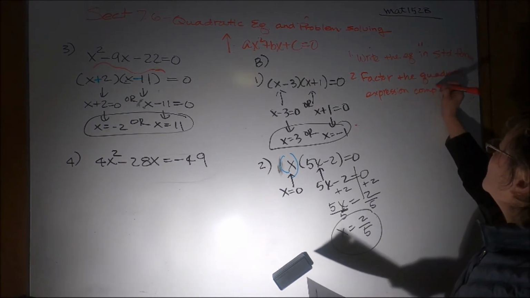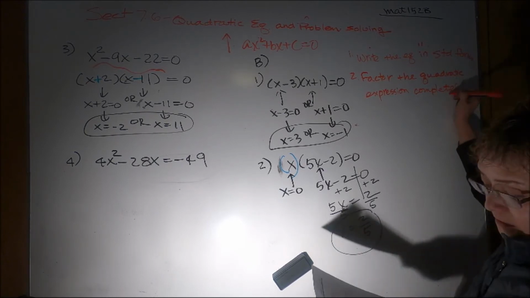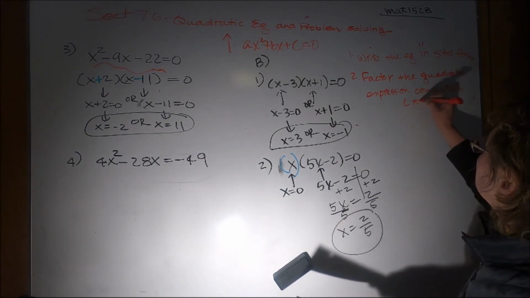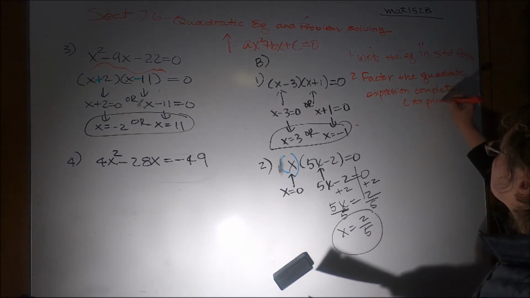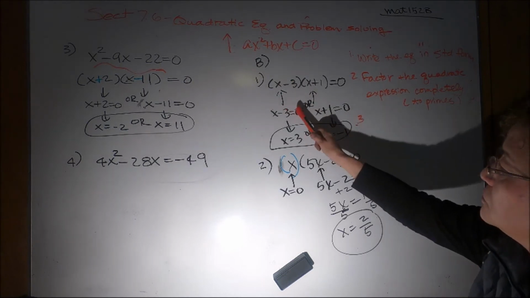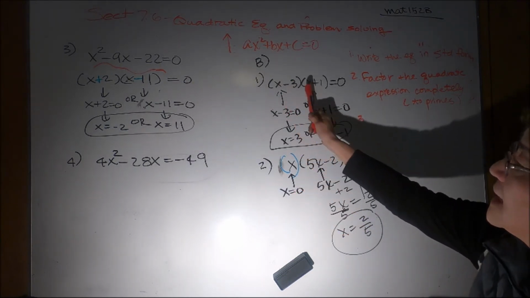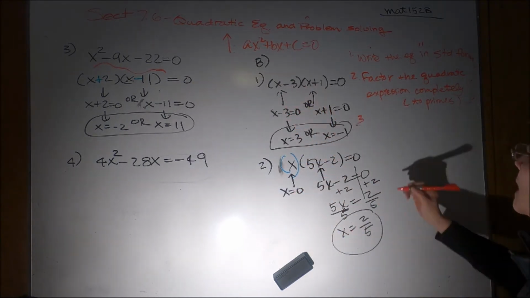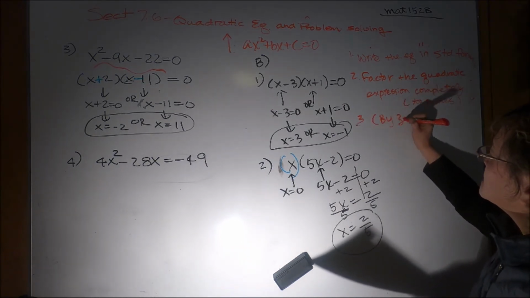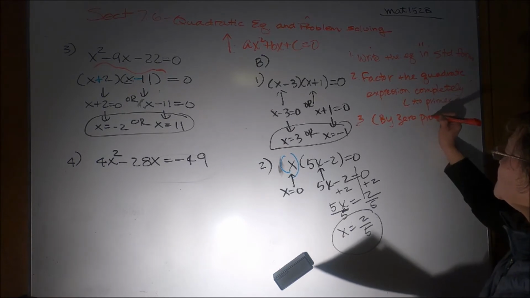Completely. What do we mean by completely? It means into primes. Right? Then once you break down to the smaller units, like this, then what? We use the zero product property.